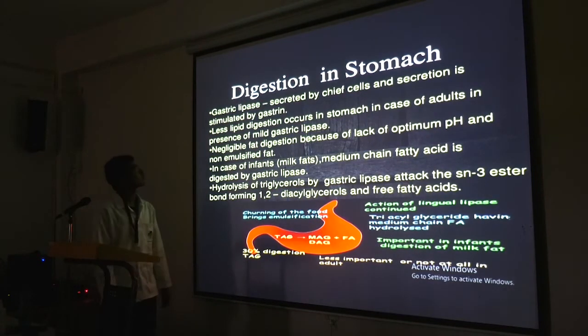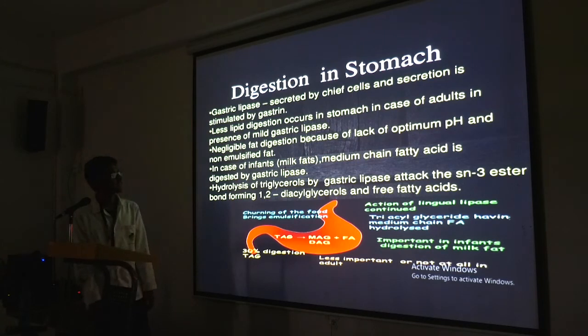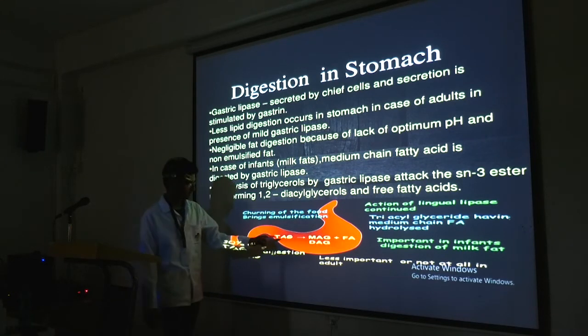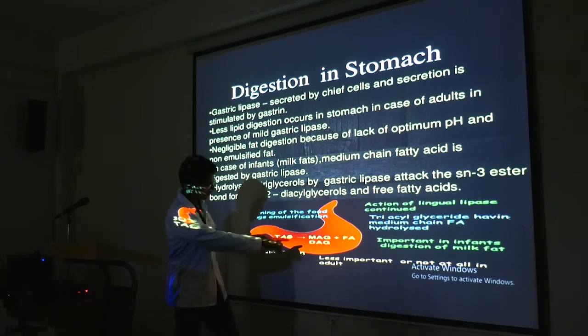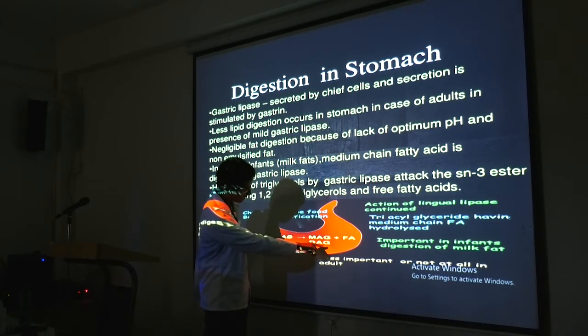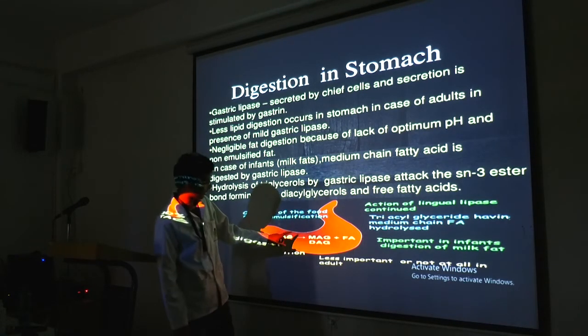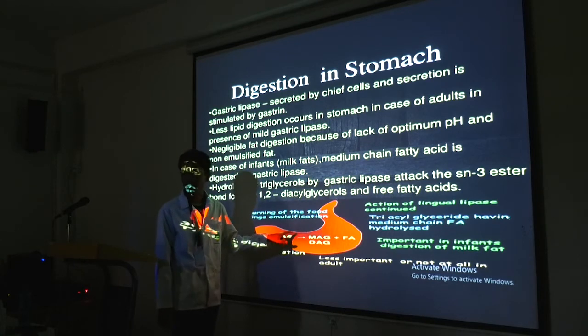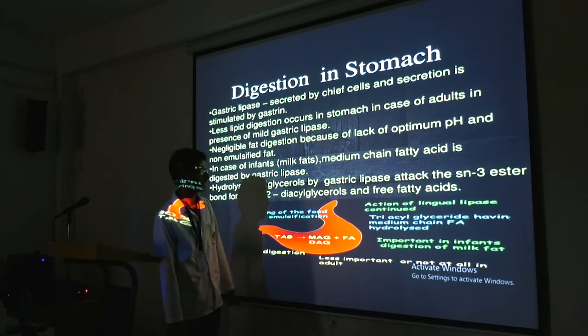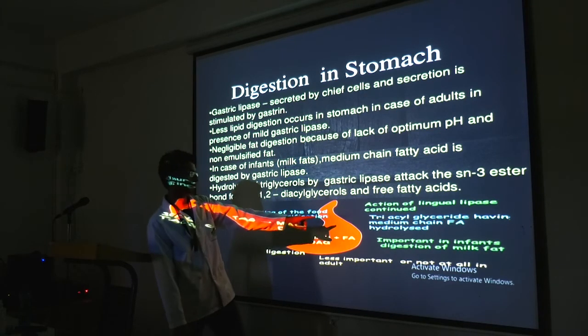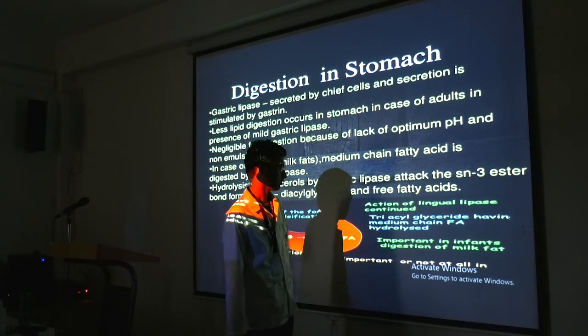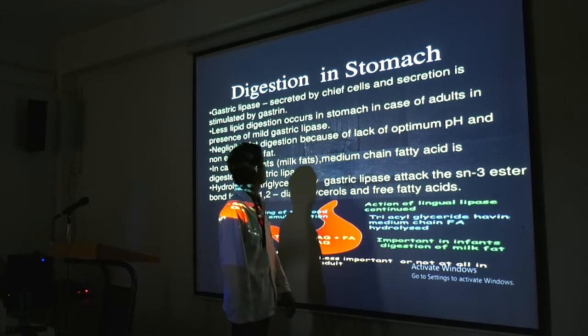Digestion in the stomach. The main enzyme is gastric lipase, which acts at acidic pH. This is the pyloric part, and here you can see triacylglycerol converting into monoacylglycerol and diacylglycerol plus free fatty acid. This acts on medium chain triacylglycerol and is important in infant digestion.